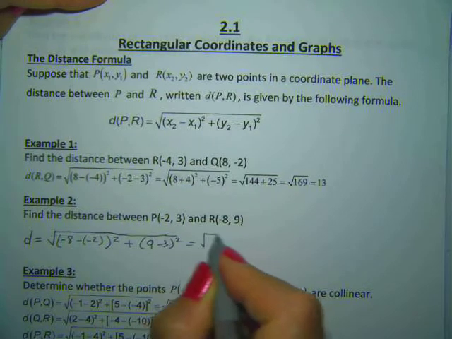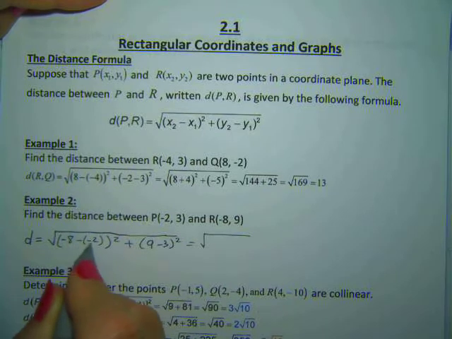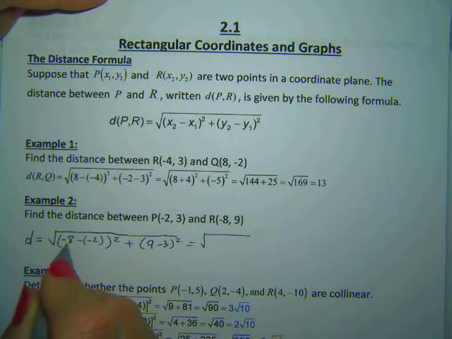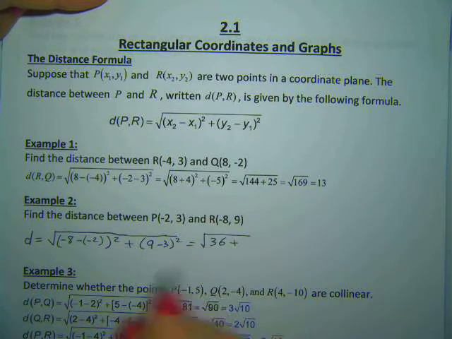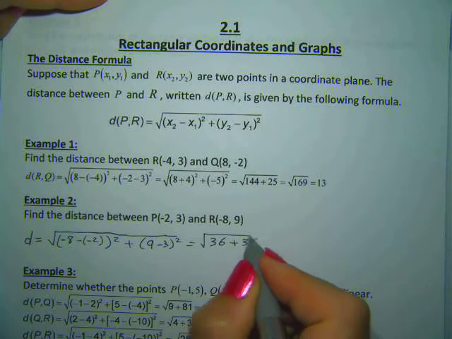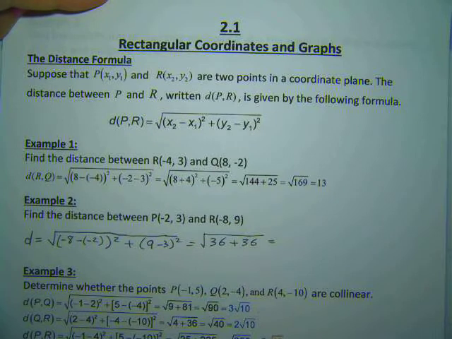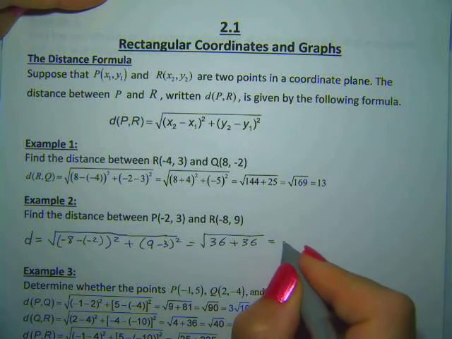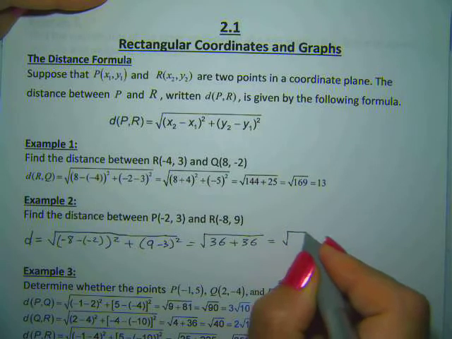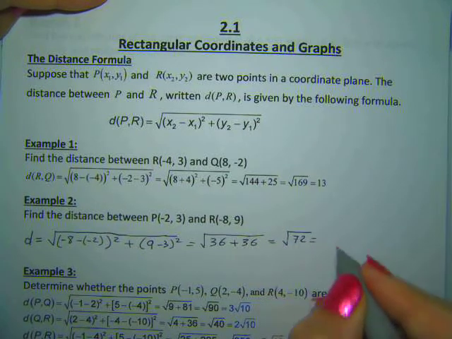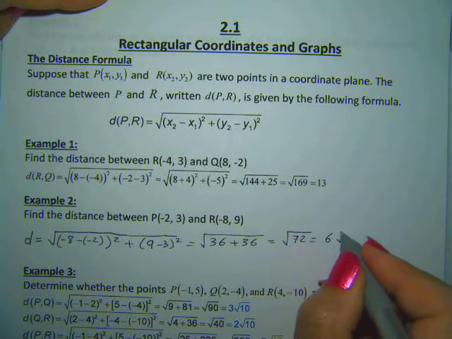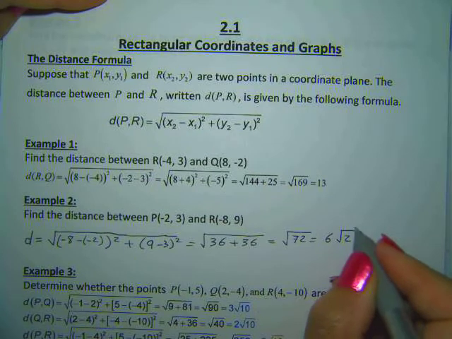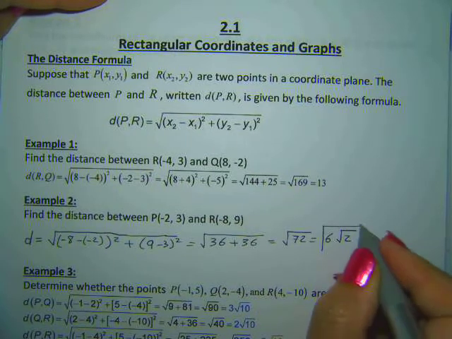So now let's see what we have. -8, negative and negative is positive, so -8 plus 2 is -6, squared is 36, plus 9 minus 3, that's 6, and 6 squared is 36. So now the square root of 36 plus 36 is the square root of 72, which is the square root of 36 times 2. The 6 comes out, and we are left with 6 root 2.